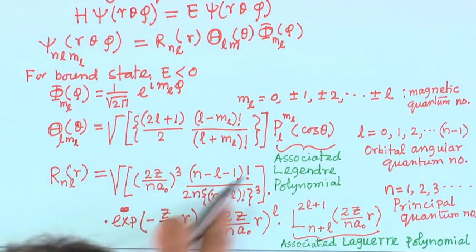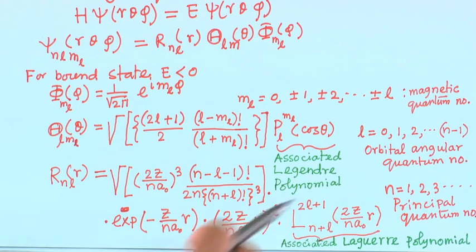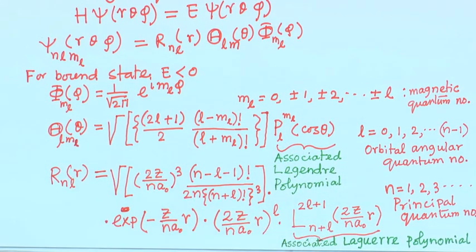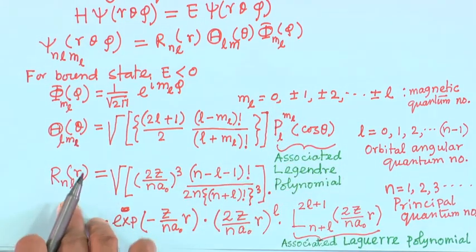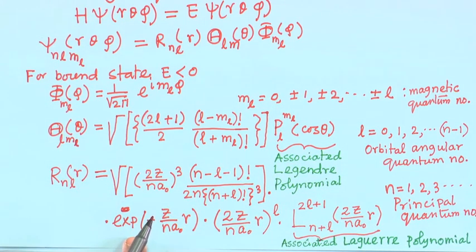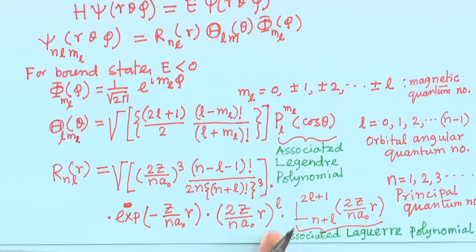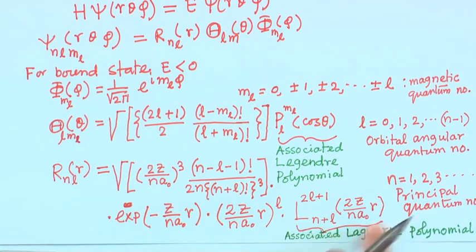This function also has the normalization part, so if we drop it, it is basically an exponential function, it has one exponential term e to the power minus z r by n a 0. And then it has r dependence, r to the power L, other constant terms 2 z by n a 0 r to the power L, and then the associated Laguerre polynomial.